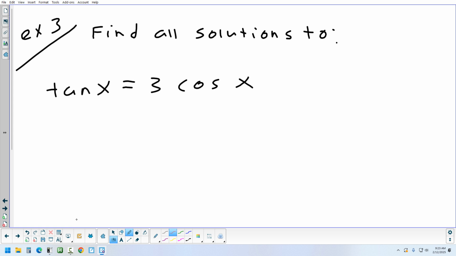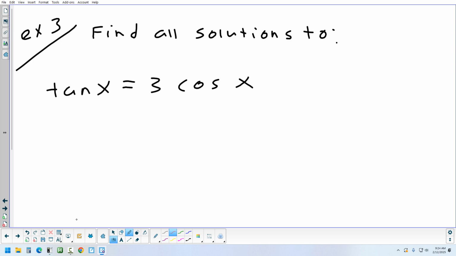So tangent x equals 3 cosine x. If we want to solve it the way we did the last one, how should we rearrange this equation first? I would turn tangent into sine over cosine, or?